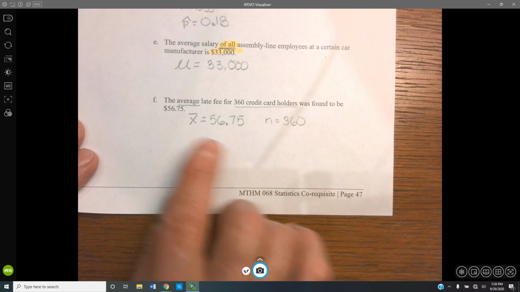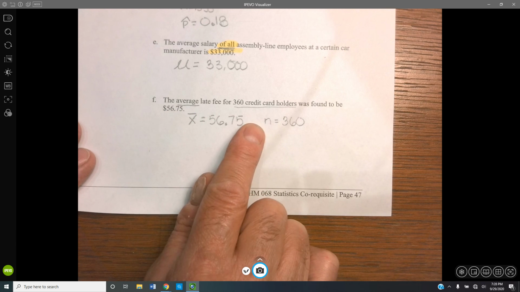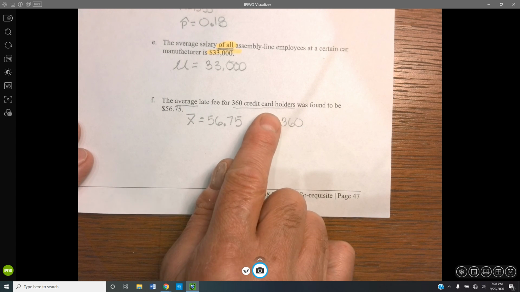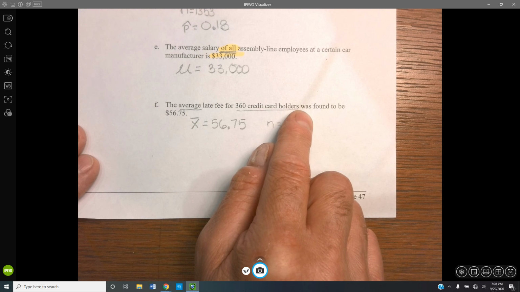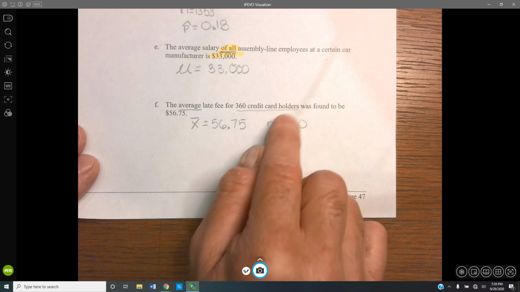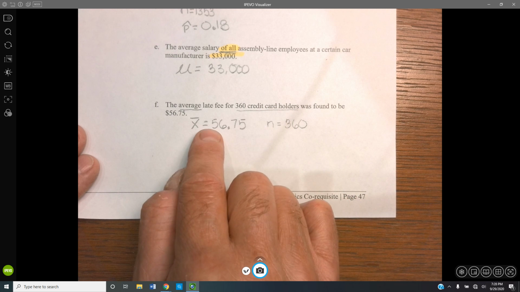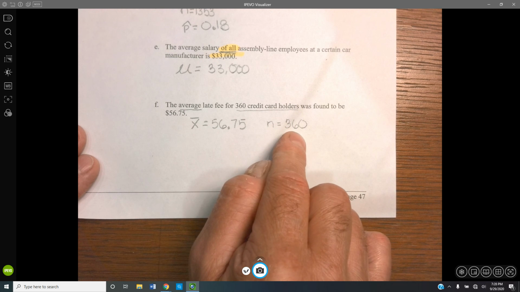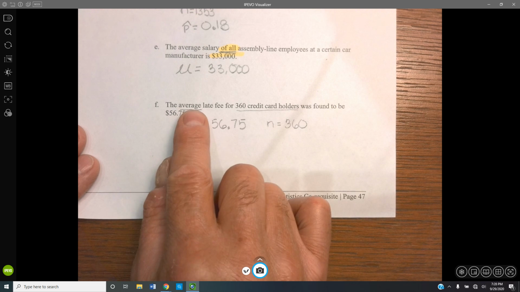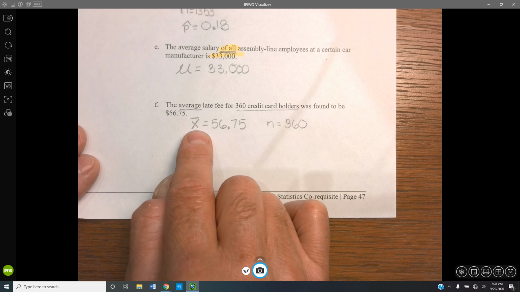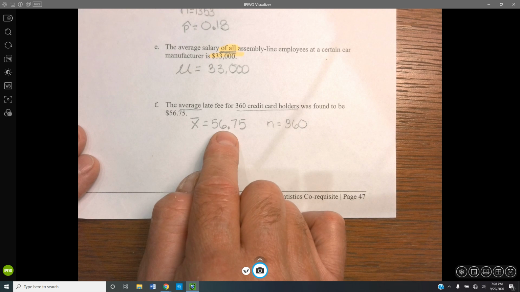The last one, letter F. The average late fee for 360 credit card holders. Well, 360 credit card holders is a sampling of those who hold credit cards. n equals 360, and the late fee was found to be 56.75. Their average is always a mean, and the mean is 56.75.